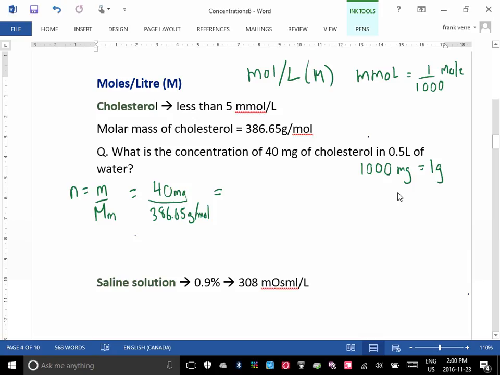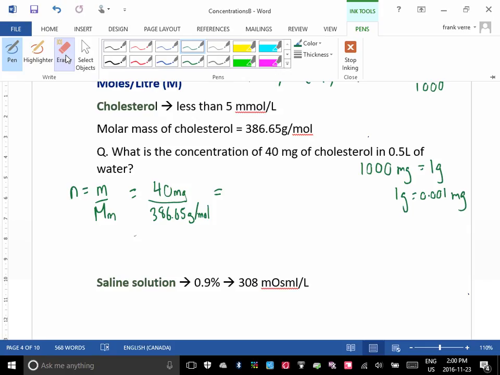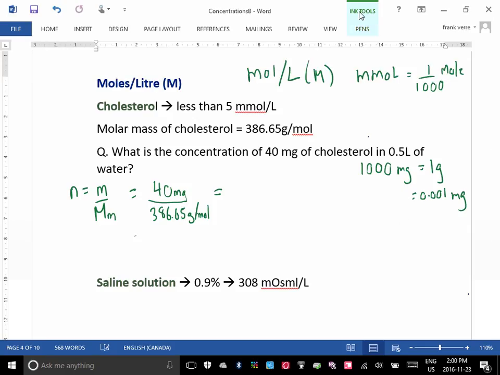Or 1 gram is... I'm sorry. 1 milligram is 0.001 grams. Alright. So how much is 40 milligrams?